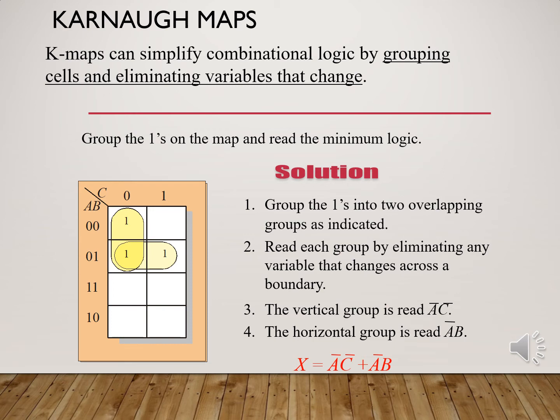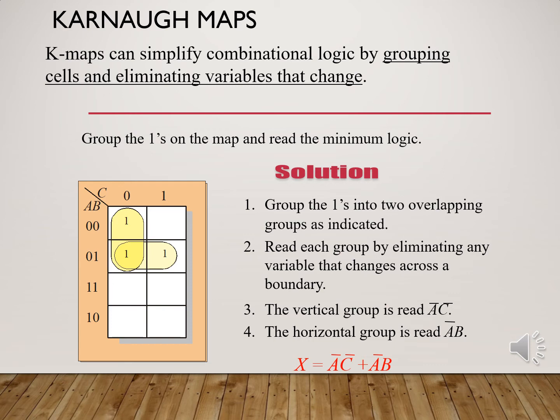The first cell corresponds to 0, 0, 0, which we have to read as A bar, B bar, C bar, because zeros are represented as complements and ones are represented as true variables.